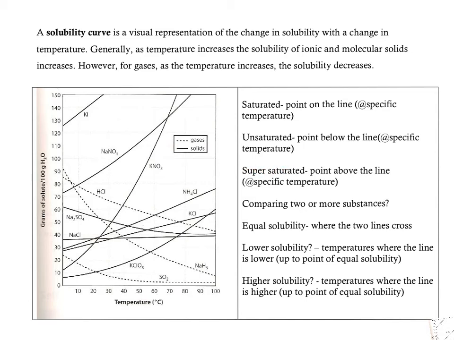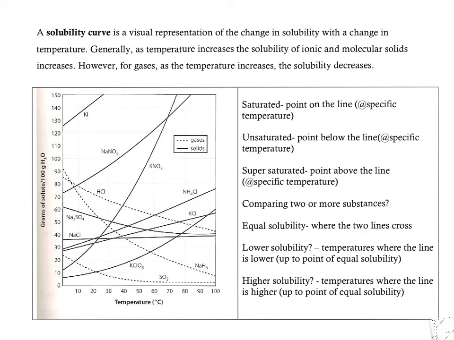Supersaturated, you will find supersaturated amounts above the line. So 50 degrees, potassium chlorate, if I've got 40 grams dissolved at 50 degrees Celsius for potassium chlorate, that is above the line because it's right about here.